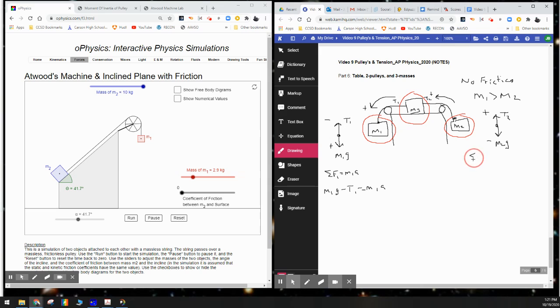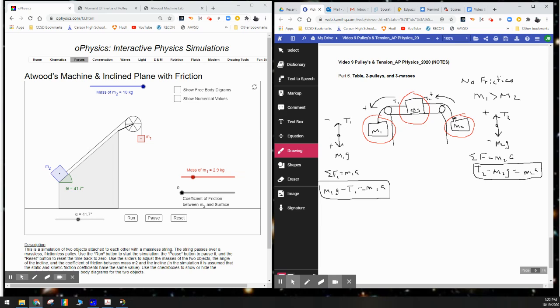So we're going to go here, sum of the forces is equal to M2A, like so. So here I have T2 minus M2G is equal to M2A. And we'll go ahead and just pause right here for a second. All right, so we have this and we have this over here.